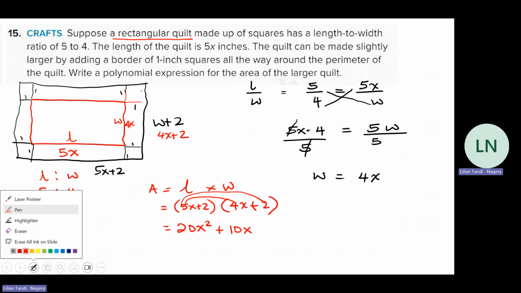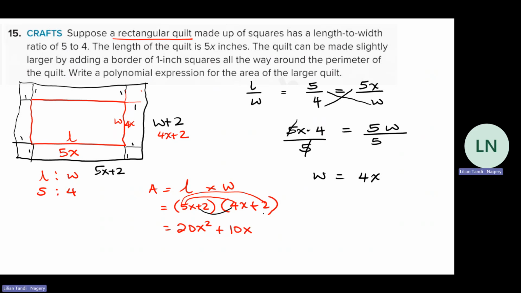Then positive 2 times 4x. That will be positive 8x. And positive 2 times positive 2, I will get 4. And then these are friends. So therefore, this is 20x squared plus 18x plus 4.